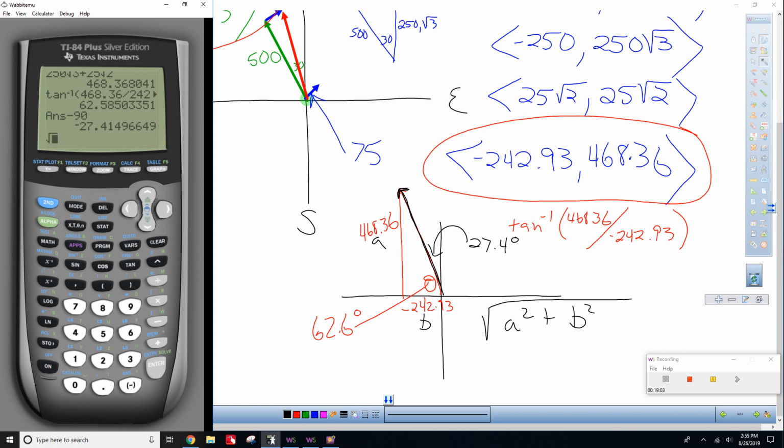Square root of 468.36 squared plus 242.93 squared. Why am I not making that negative? Because it doesn't matter. We're squaring it. And you get 527.61.